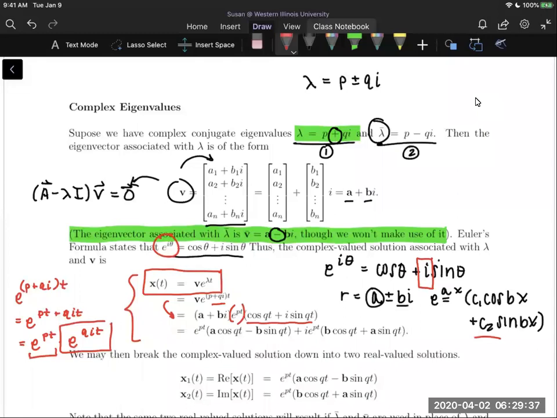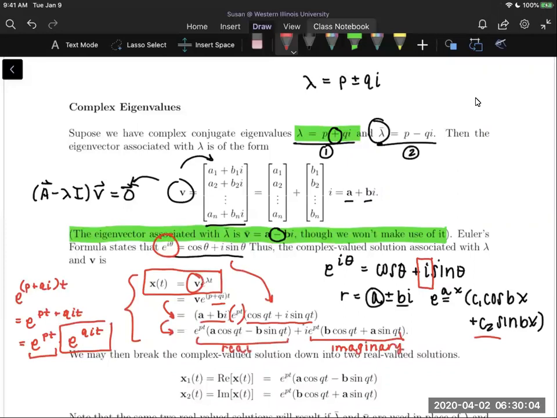That's just using Euler's formula right here. And then this a plus bi is just the eigenvector v. We're just replacing that with the eigenvector. The final step here is separating into the real portions and the imaginary portions.